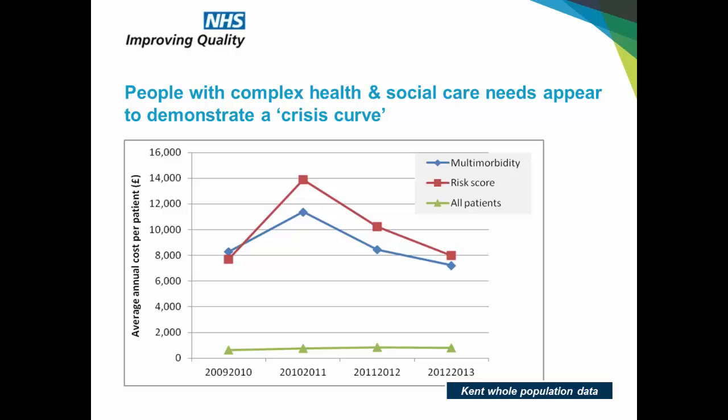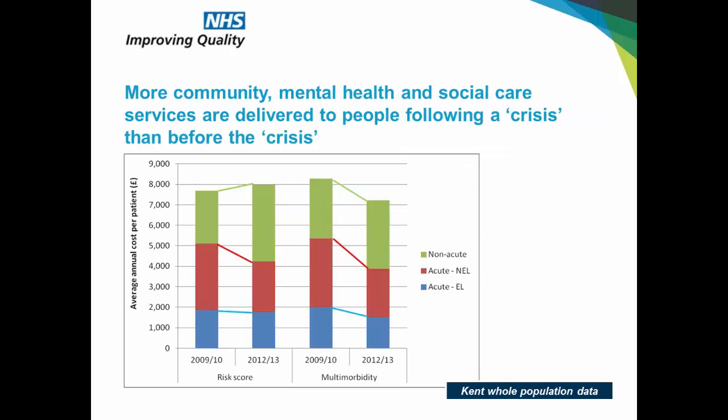So we're interested in this idea of a crisis curve and how that works out in practice, because it clearly has an impact on costs. And you can see that there is a crisis and then people stabilize after a period of time.